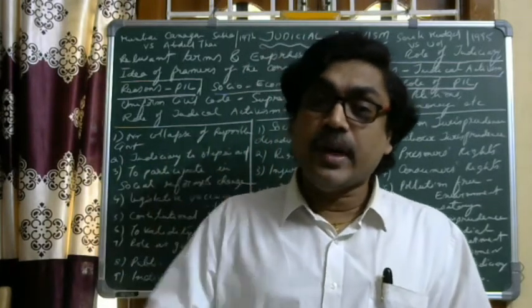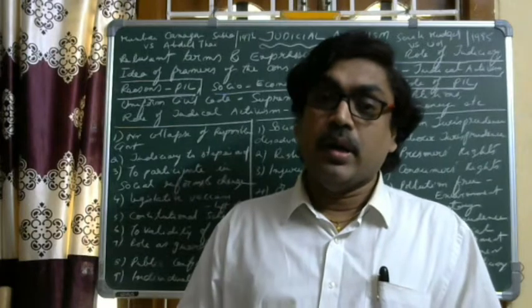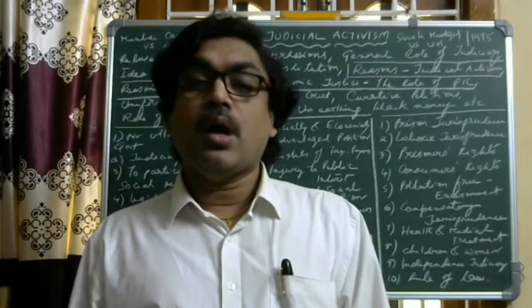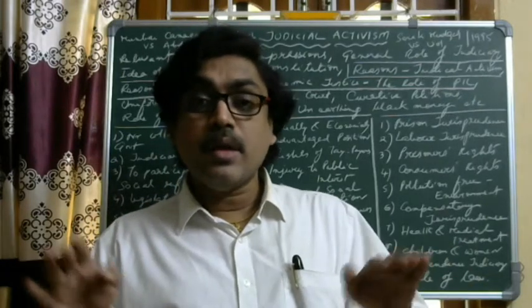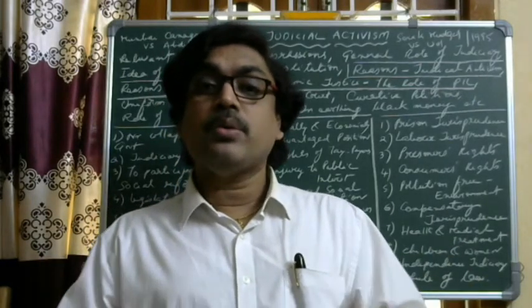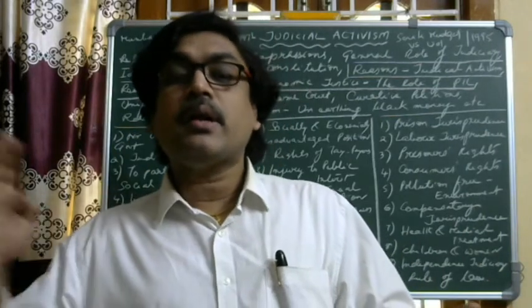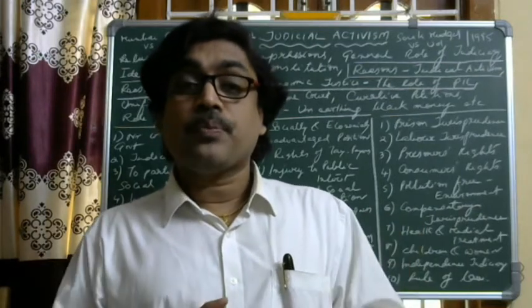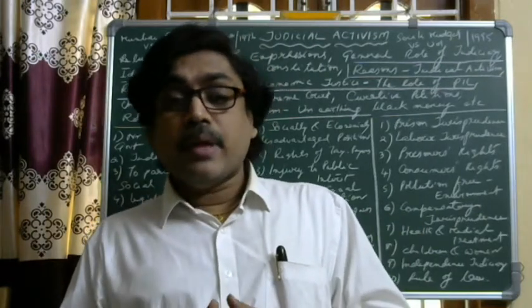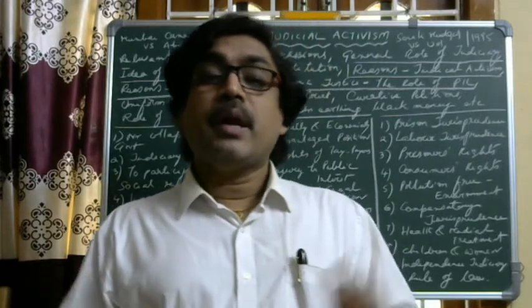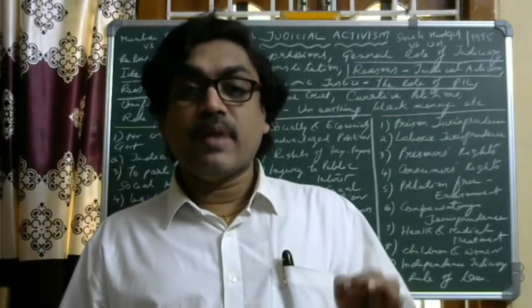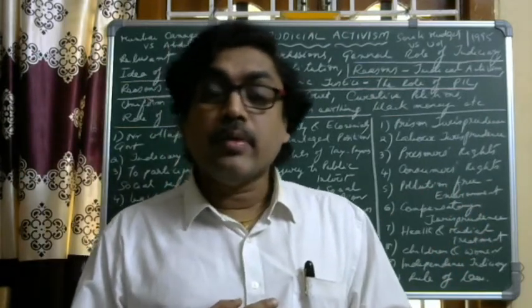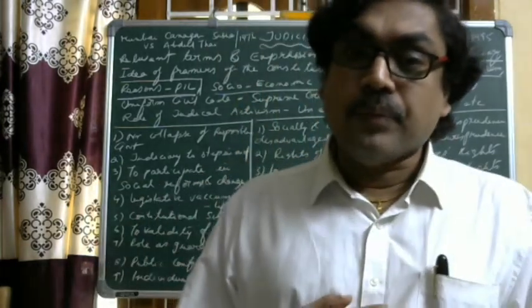Based on that certificate, the curative petition will be moved by the advocate on record before the larger bench, and the larger bench will see it and make the correction. It is nothing but one type of appeal. So, for the very first time in 2002, in the case Rupa Ashok Hura versus Ashok Hura, the Supreme Court introduced this curative petition in India.